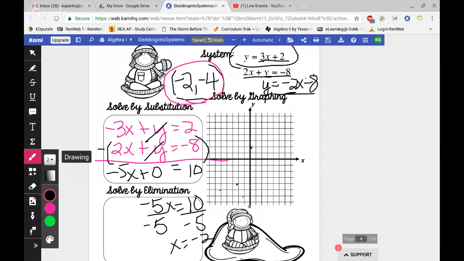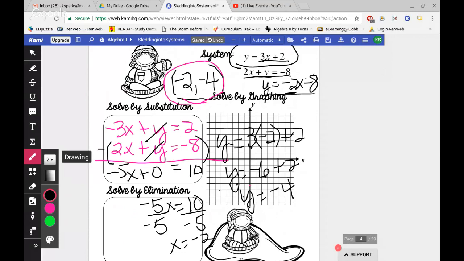And then you would plug that back into one of the equations, and it doesn't matter which one. So y equals 3 times negative 2 plus 2. Y equals negative 6 plus 2. Y equals negative 4. So I've worked it all three ways: graphing, substitution, and elimination. And I got consistently negative 2 and negative 4.